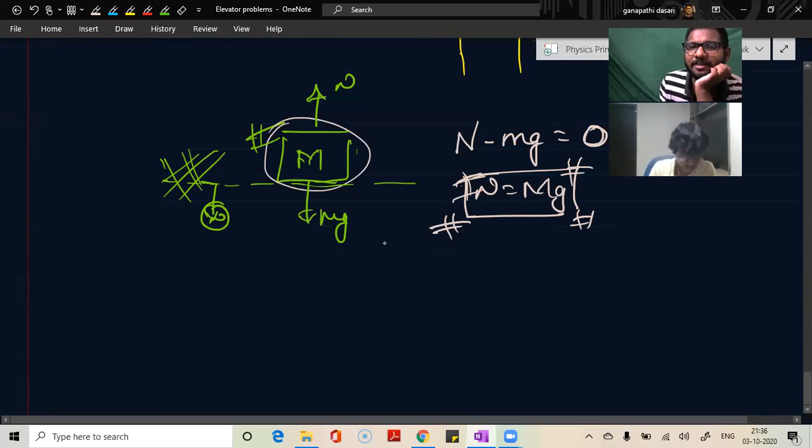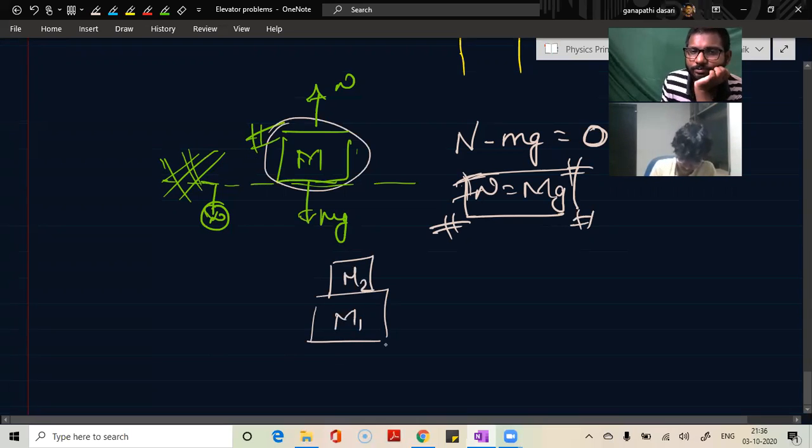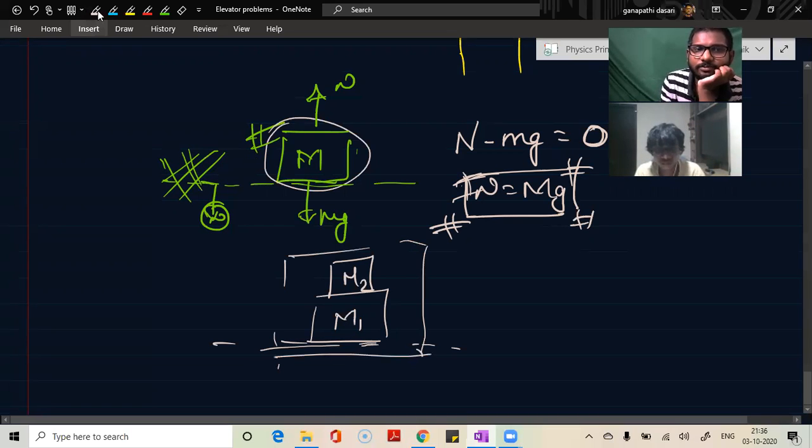Now I'll tell you another point. Exactly on this block, you kept another block, m1 and m2. Now if we consider this entire system, there will be normal upwards, and (m1 plus m2)g downwards, isn't it?